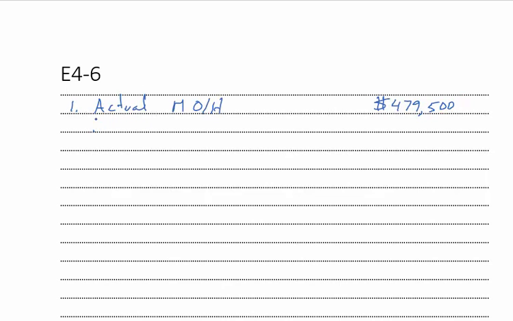And then we've got the allocated manufacturing overhead, which was the $25 per machine hour, times the total number of machine hours of 20,000, means that we have actually allocated 500,000.